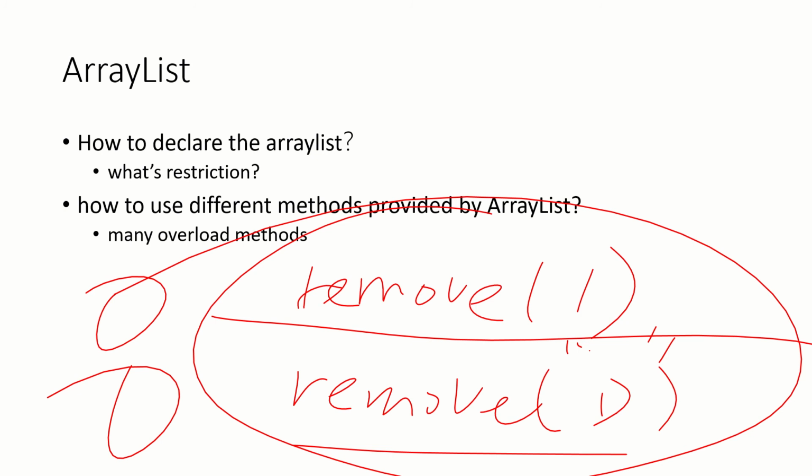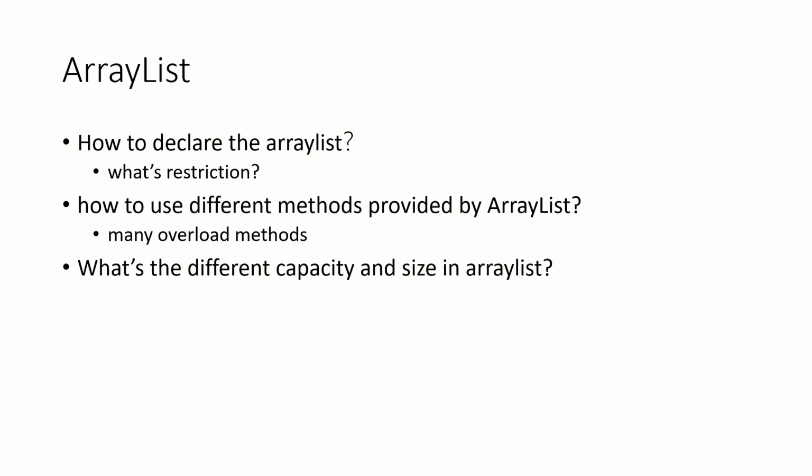Try to understand what parameter they take and what return type they return. Okay, try to understand. Then you need to know the difference between capacity and size in an array list. What's the difference?